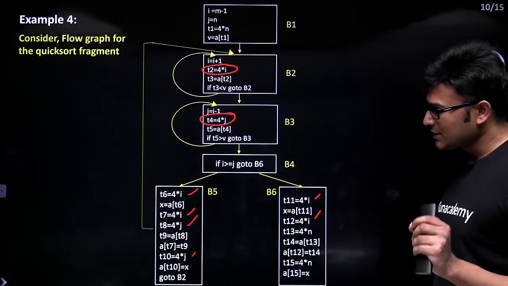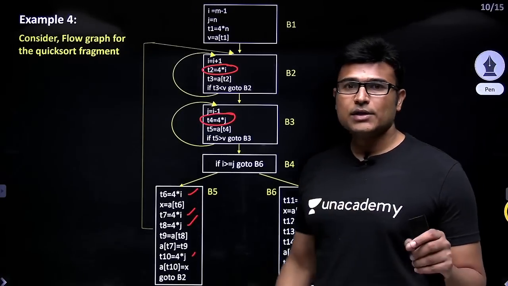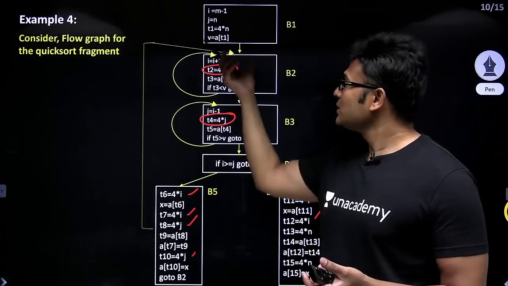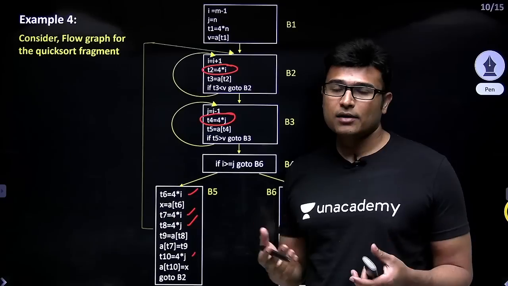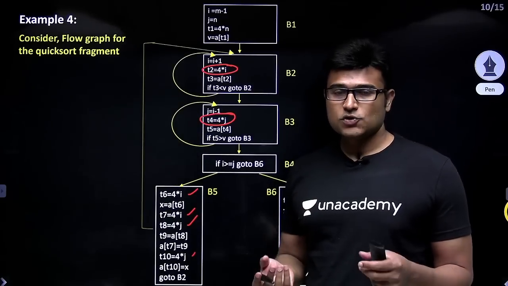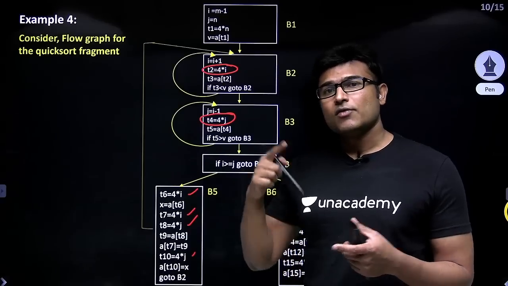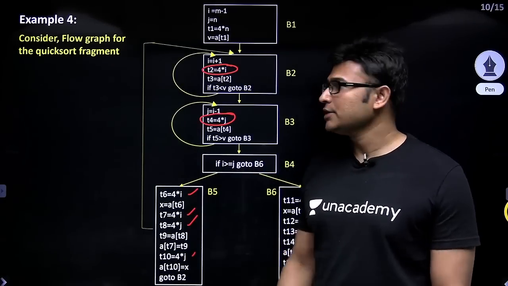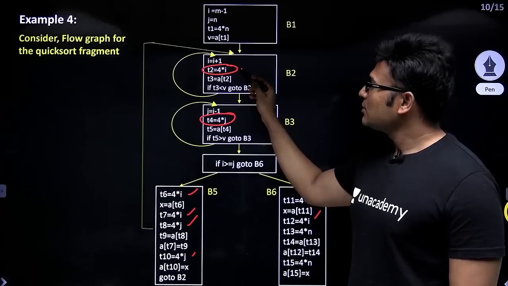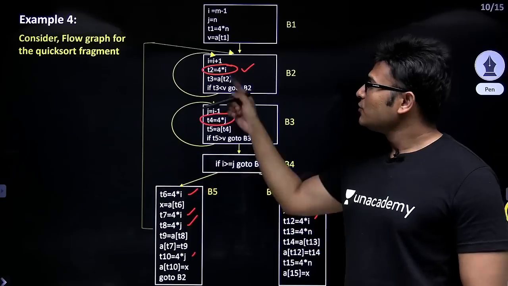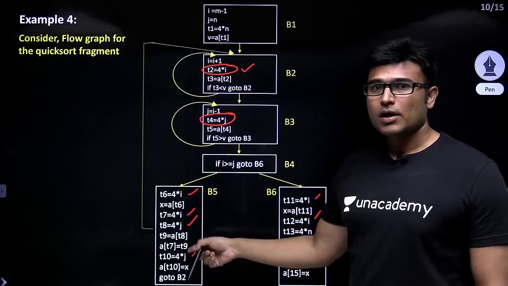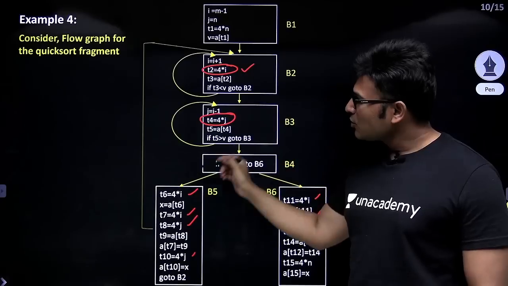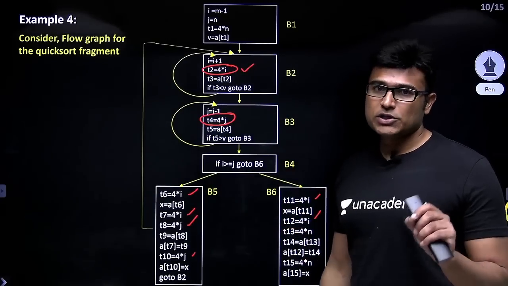So just try to do it manually. There is no way you can do it using a DAG in the exam, because if I had to write a DAG for this entire program, it is going to take a lot of time. So manually you try to see whether they can be replaced or not. Now one thing you have to be careful about is, if 4 into I is computed here and you want to eliminate it in this block, then in all the paths leading from this block to this block, the value of I should not change.